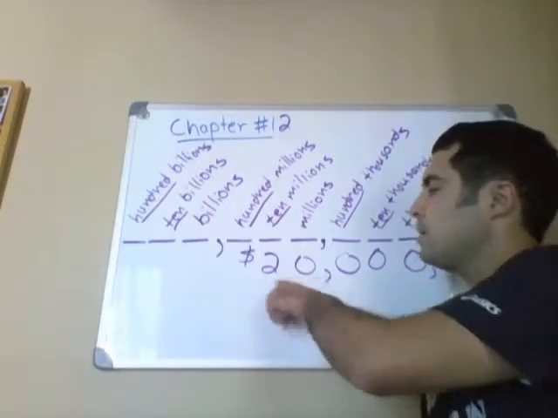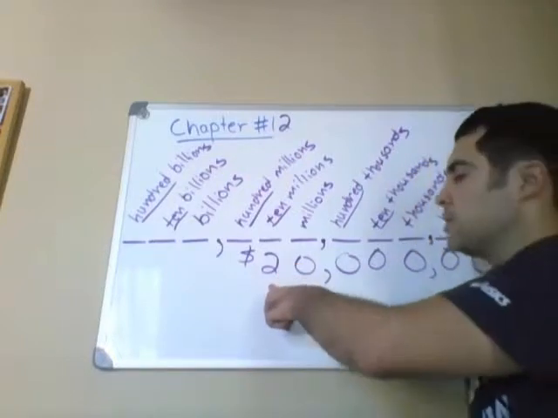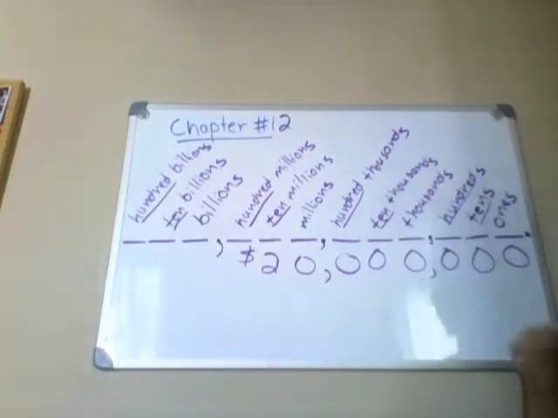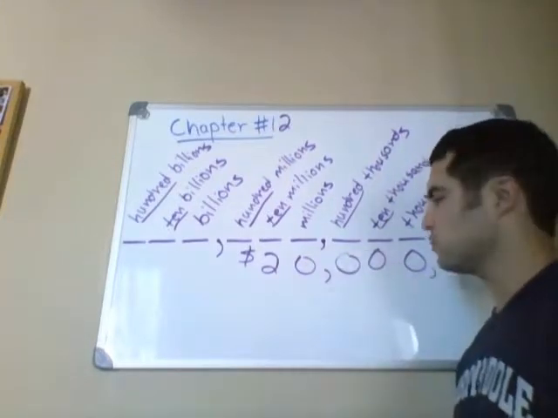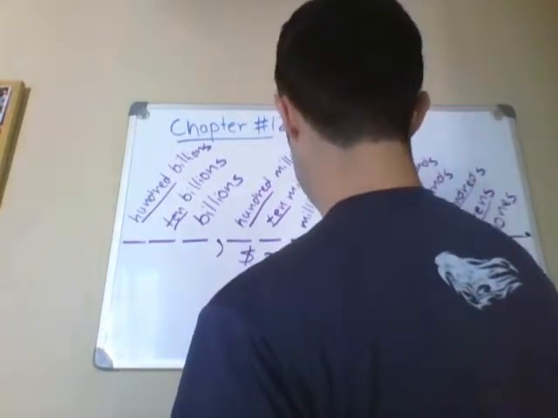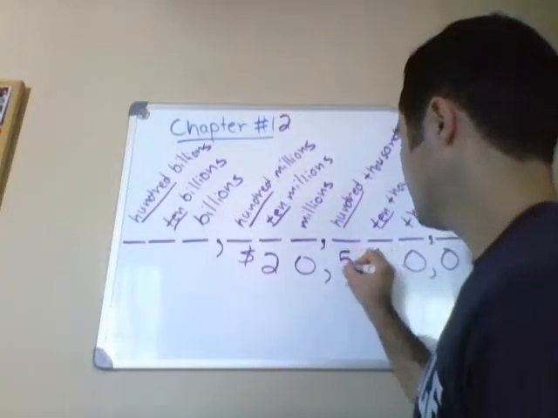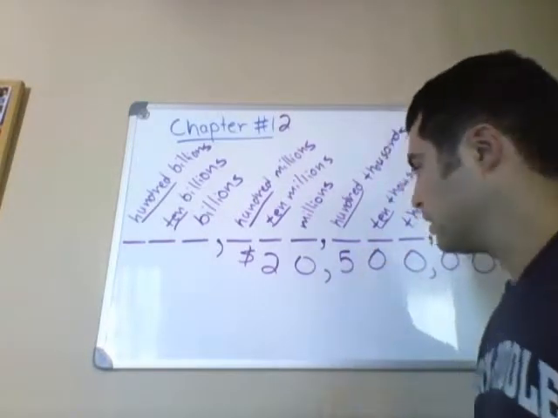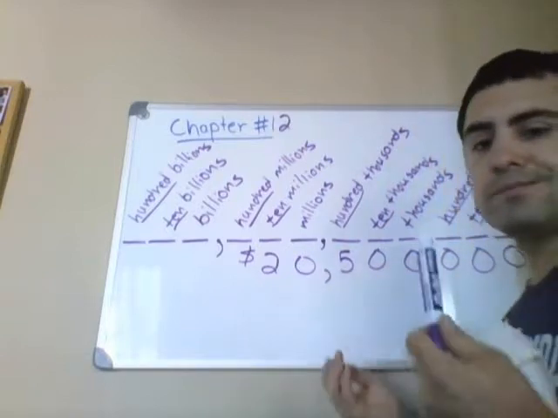Alright, so we know we can read a number right here, $20 million, but what if there are different numbers and not just placeholder zeros? Let's put a 5 here. How would that number read? Some people would say 205000000.